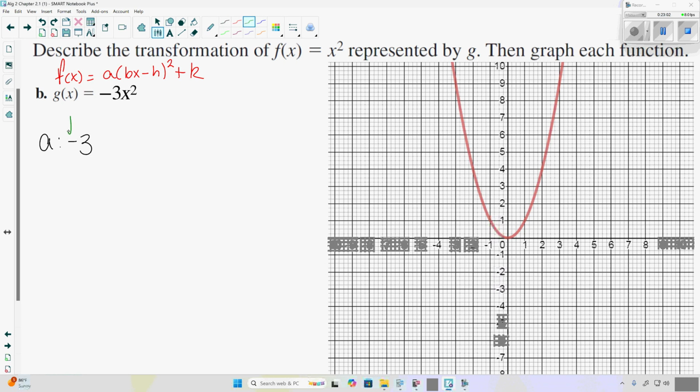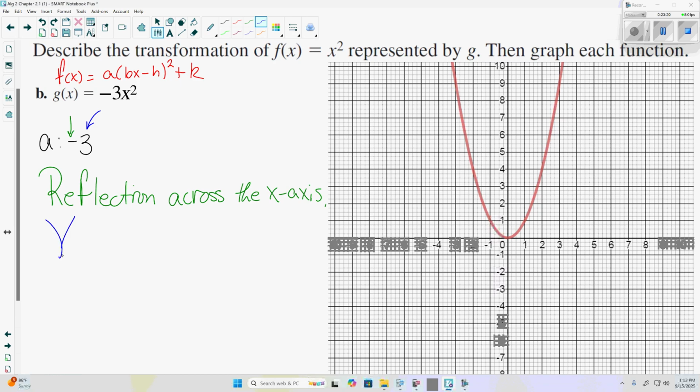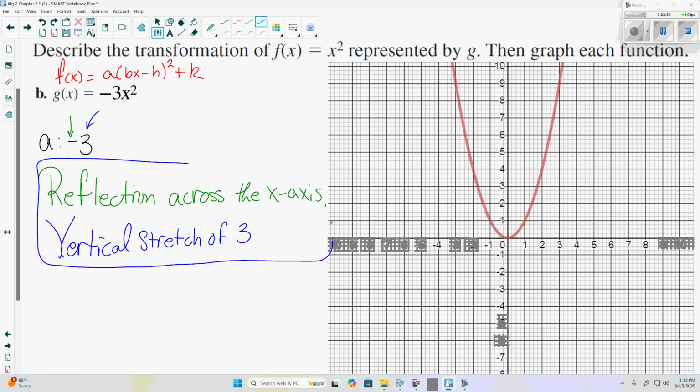One, the negative is a reflection across the x-axis. And the 3 is a vertical stretch of 3.